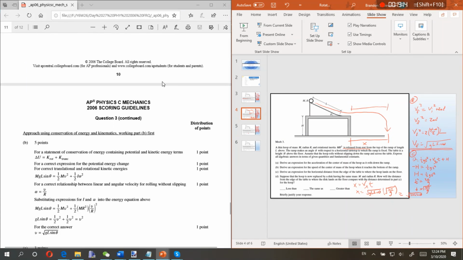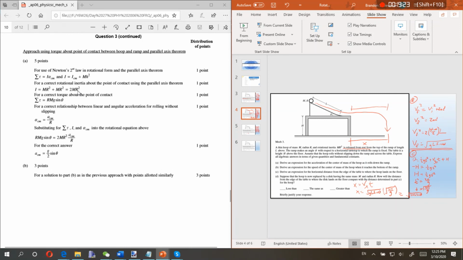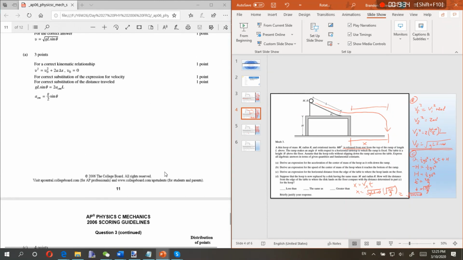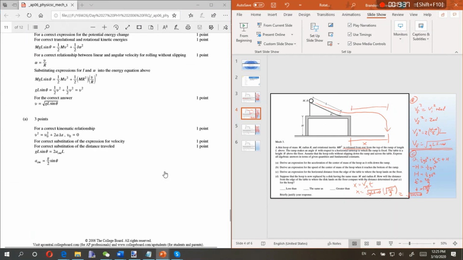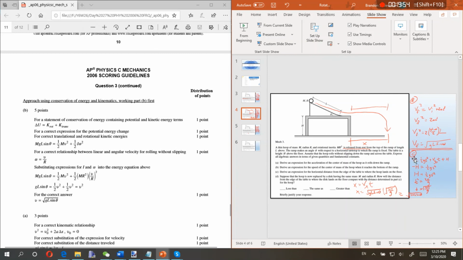Okay, then for B, it's a solution for B as with previous approach, but with points allotted similarly. Okay, kinematic relationship, we've got that. Substitution, we've got that, and acceleration. Okay, cool.